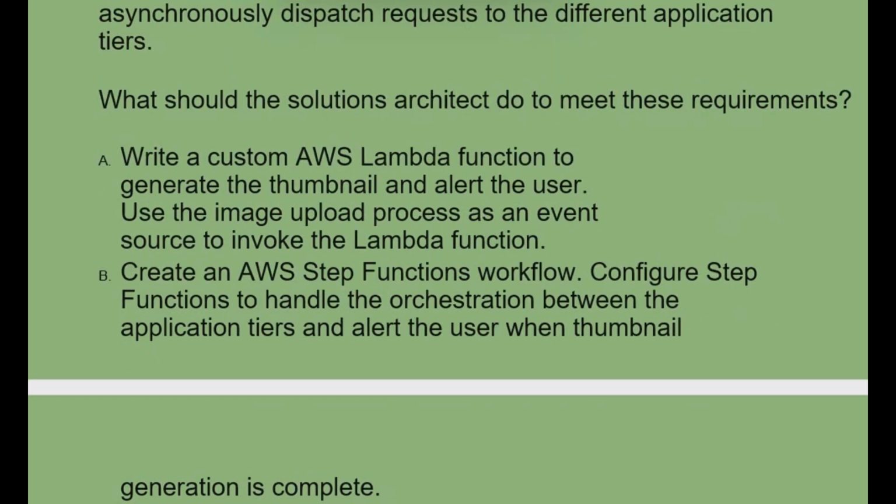Option A. Write a custom AWS Lambda function to generate the thumbnail and alert the user. Use the image upload process as an event source to invoke the Lambda function. Option B. Create an AWS Step Functions workflow. Configure Step Functions to handle the orchestration between the application tiers and alert the user when thumbnail generation is complete.